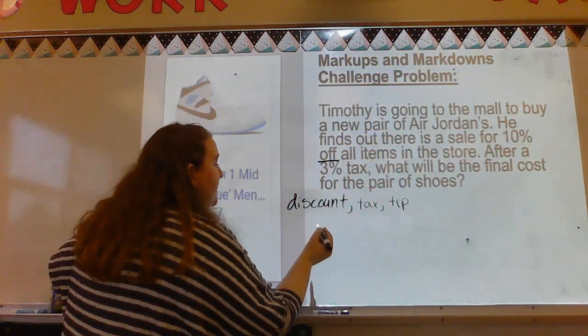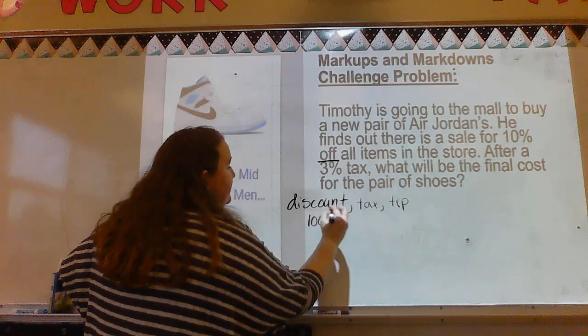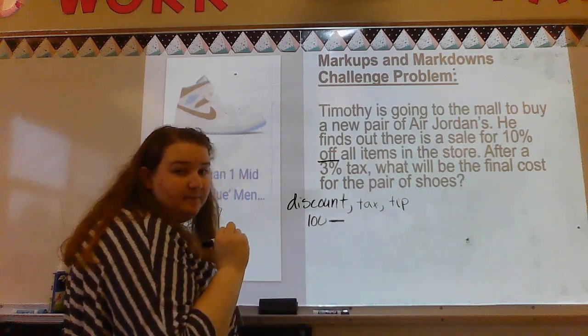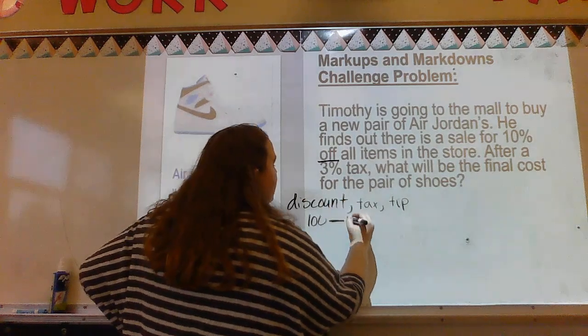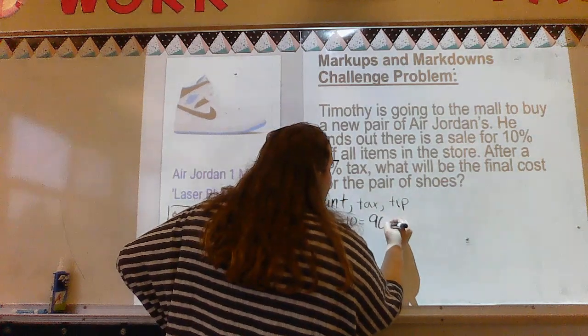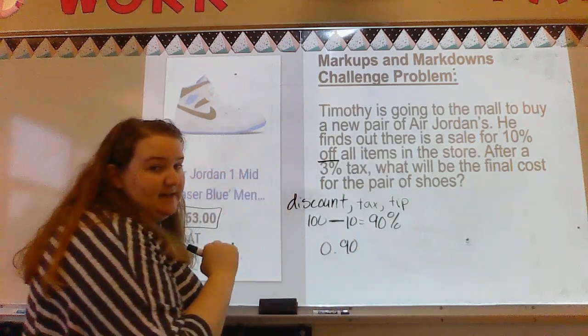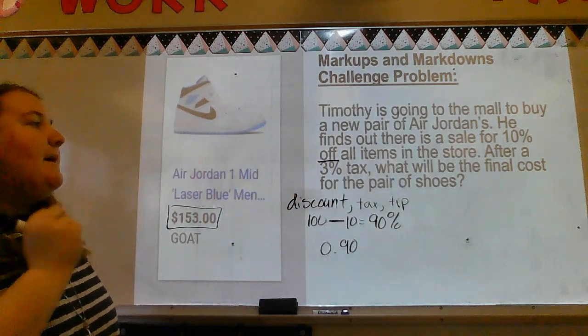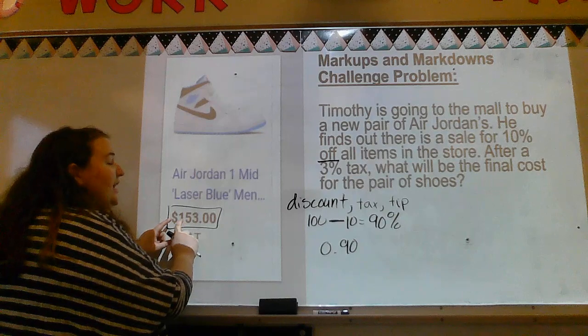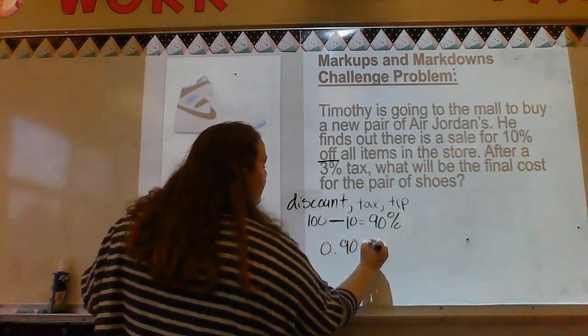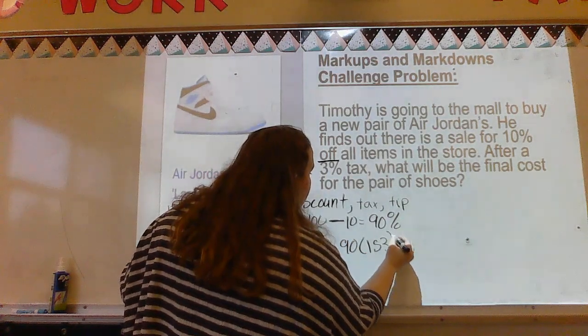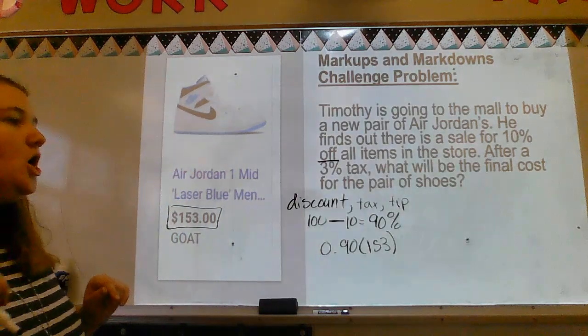We're going to start with 100%. Discount means subtract, okay? So we're subtracting the 10% and we get 90%, which is 0.90 as a decimal, okay? I'm going to multiply it by my original price. So I'm going to multiply it by $153, okay?